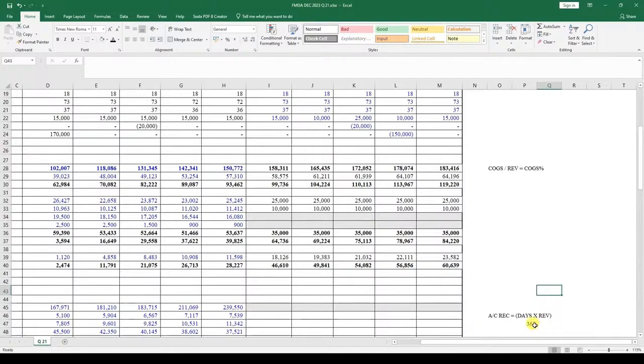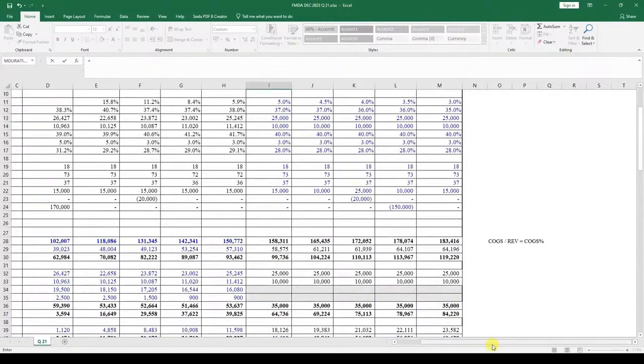We've just adjusted the days. Initially, to get the days, we said accounts receivable times 365 over revenue. Just rearranging this formula, and that's exactly what we're going to do over here.